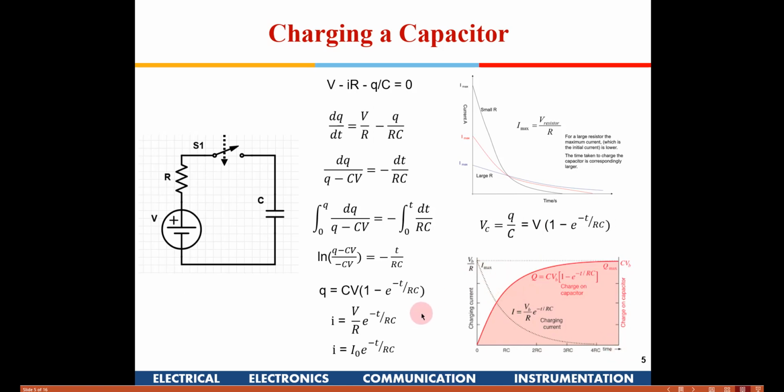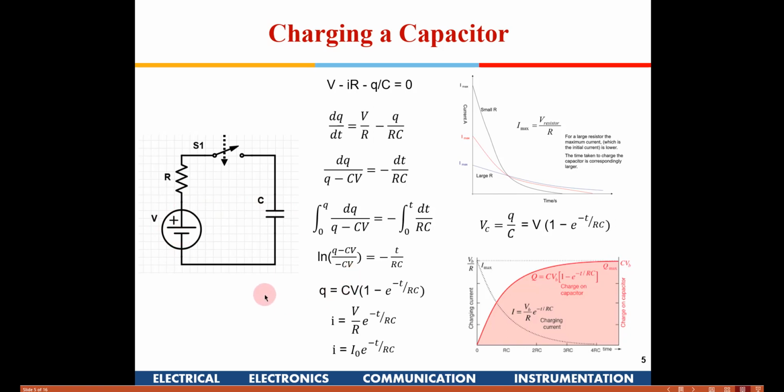RC is defined as the time constant, and 5 times the time constant is generally considered the time required for this circuit to reach a stable state, where the current falls to 0 and the voltage across the capacitor reaches the applied voltage. Is it clear?